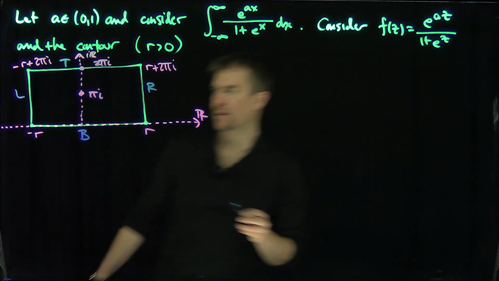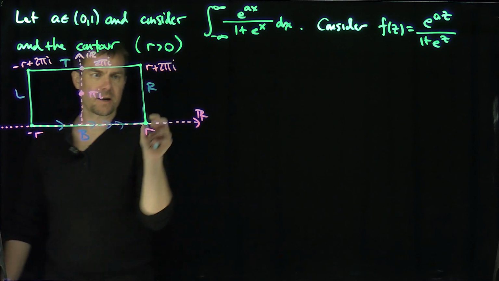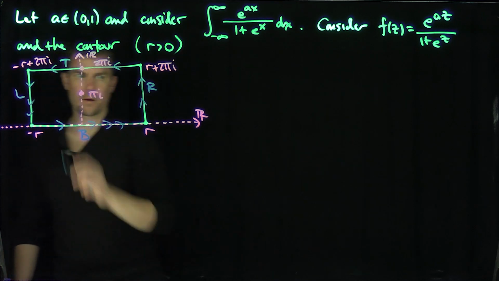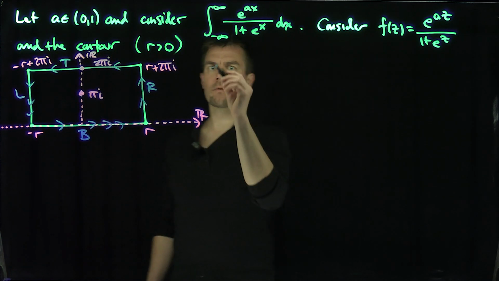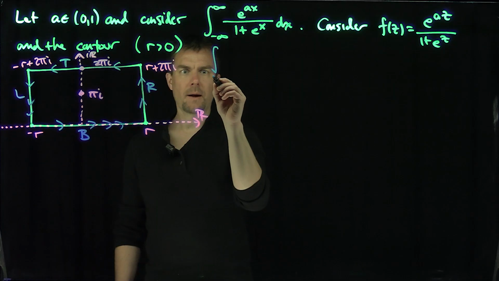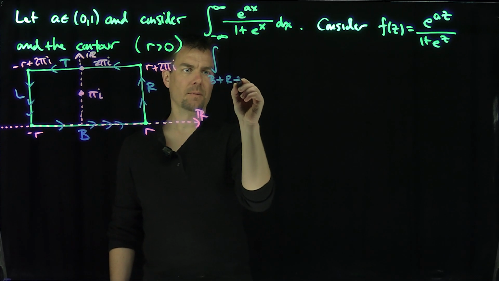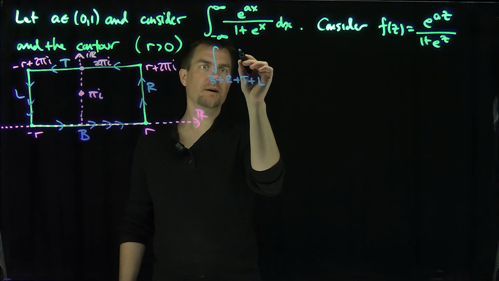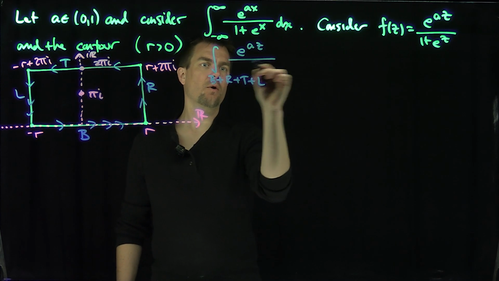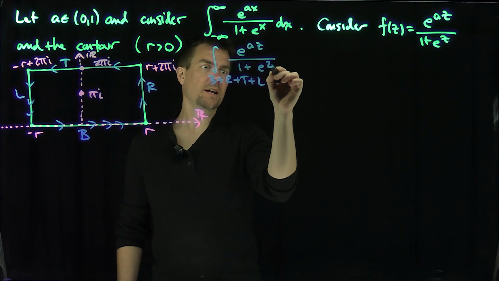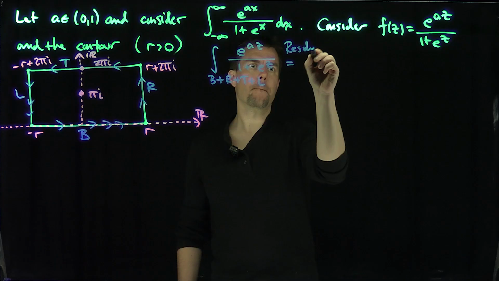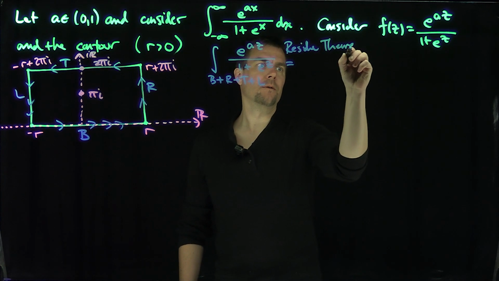So there's my contour. If I integrate over the bottom plus the right plus the top plus the left of our function, e to the az over 1 plus e to the z, by the residue theorem, there's only one singularity.